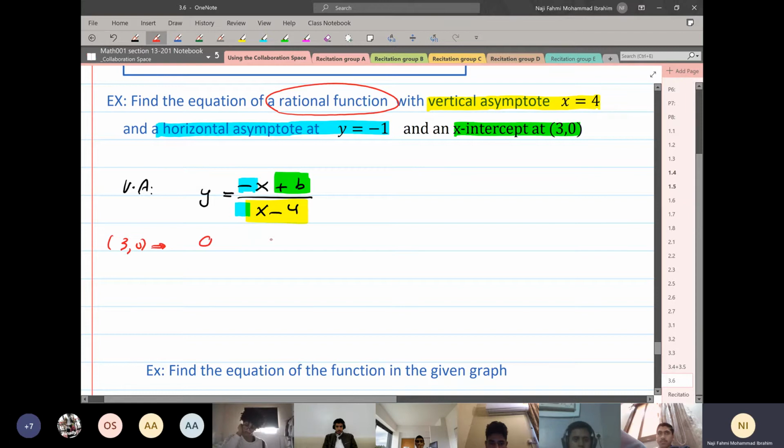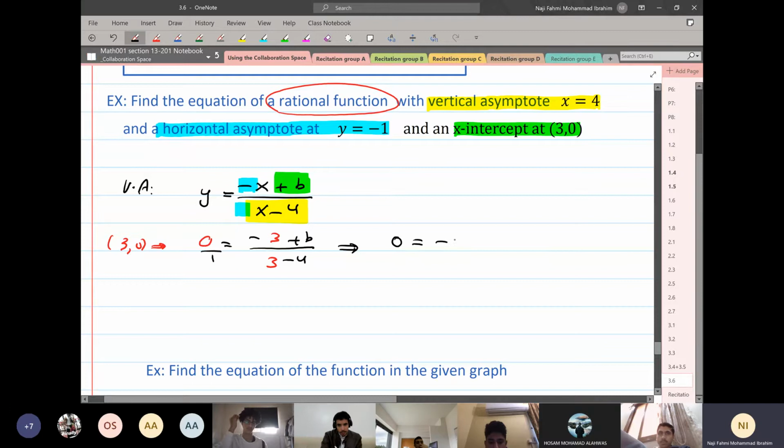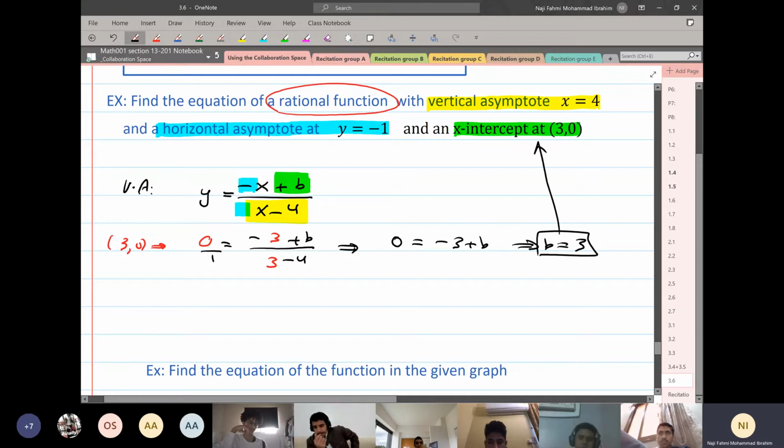Replace y by 0 and x by 3? Yes. What will I have then? If we cross multiply, what's going to happen? Can I say 0 equals -3 plus b? Which means that b will be 3. And we said all the time the x-intercept is the value of b.